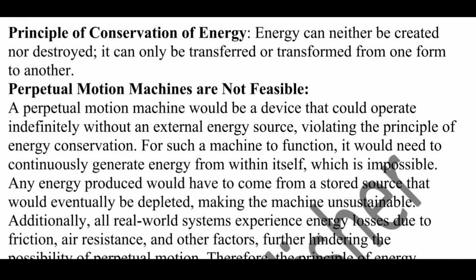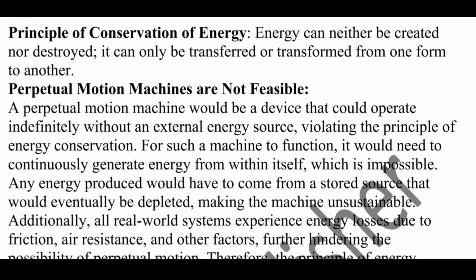Perpetual motion machines are not feasible. A perpetual motion machine would be a device that could operate indefinitely without an external energy source, violating the principle of energy conservation. For such a machine to function, it would need to continuously generate energy from within itself, which is impossible.